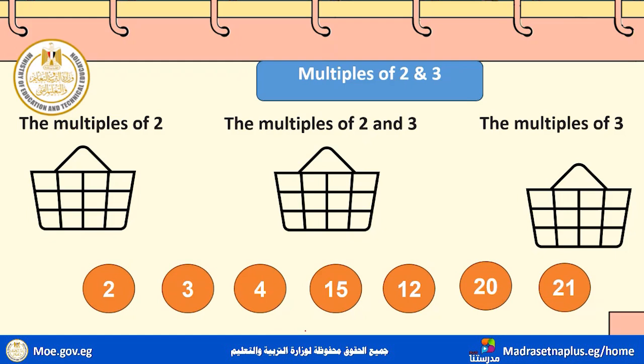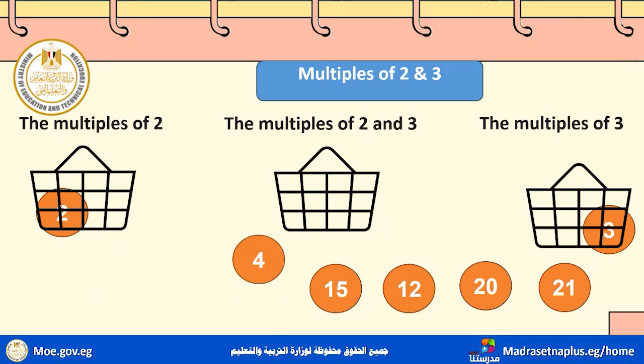Let's start. The first ball carries number 2. Can you guess in which basket we should put it? Yes, 2 is a multiple of 2. What about 3? Yes. What about 4?